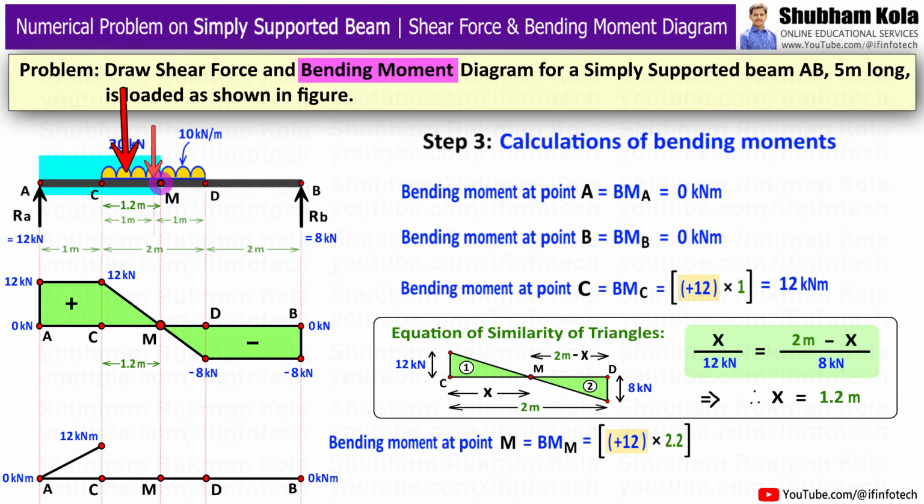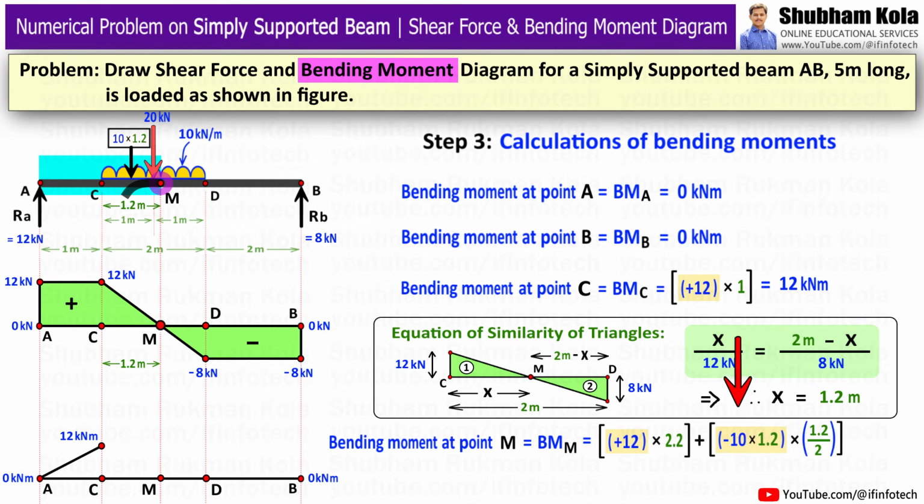And here there is UDL. So I will first convert this portion of UDL into a point load, that is 10 kN per meter, the UDL, multiplied with the distance over which this UDL acts, that is 1.2 meter. Due to this converted point load, the beam shows hogging effect, and for hogging effect of the beam, I will consider this force as negative.